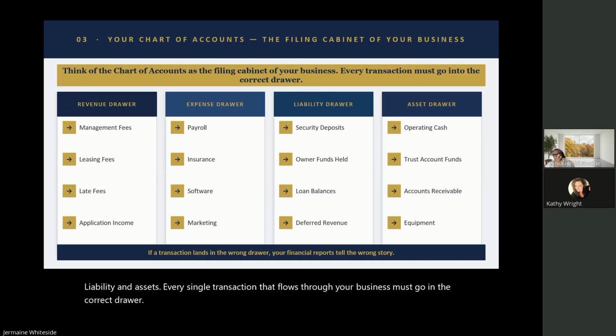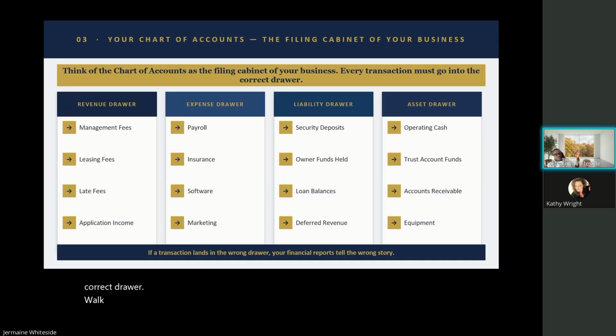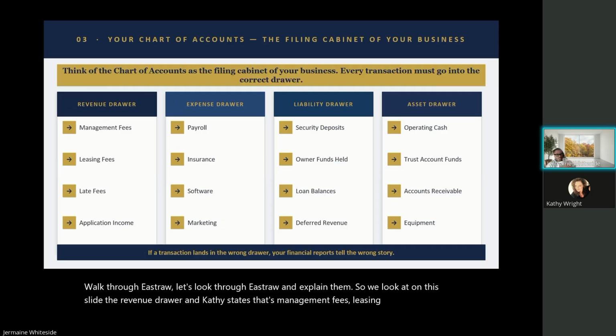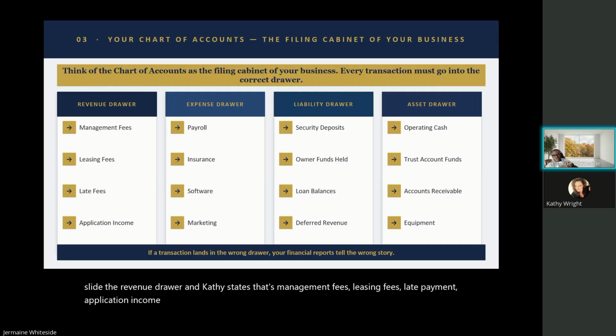Let's look through each drawer and explain them. So we look at on this slide the revenue drawer. And Kathy says that's management fees, leasing fees, late payment, application income. Expense drawer: payroll, insurance, software, marketing.